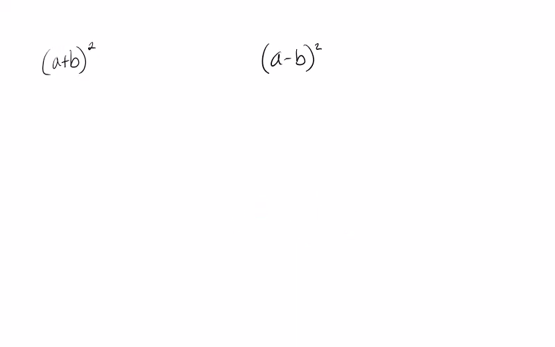All right. So what we can do and what we know is that when we square something, we multiply it by itself, right? So a plus b quantity squared is a plus b multiplied by a plus b. And we know how to do this, right? We can FOIL. We can multiply first times first. So a times a is a squared.